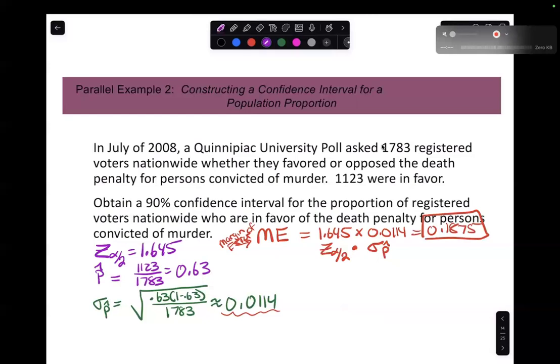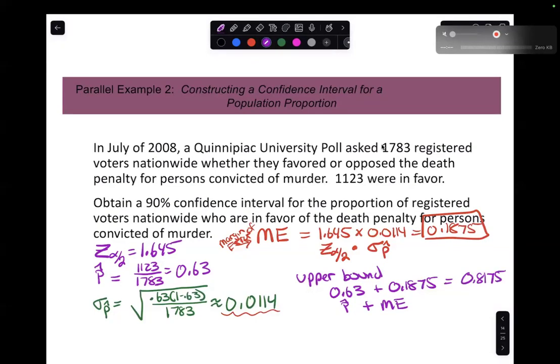So my upper bound is going to be 0.63, which is p hat, plus my margin of error, equals 0.8175.